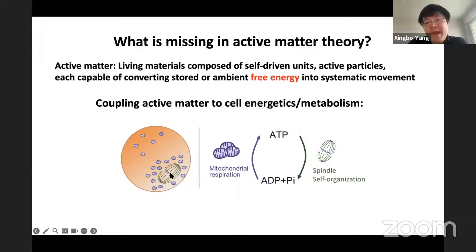Here you will have a steady state spindle arrested in this metaphase 2 phase, waiting for fertilization. And this spindle, again, is an active structure, right? It needs energy, and energy for oocytes is primarily provided by mitochondria, right? A process through mitochondrial respiration that, for example, produces ATP. ATP would be utilized by the spindle, forming this cycle.